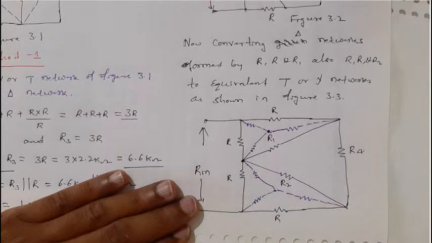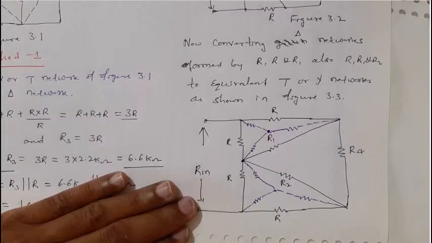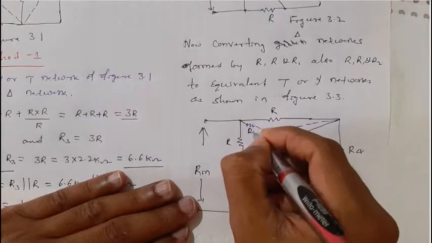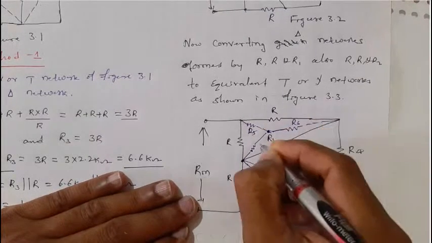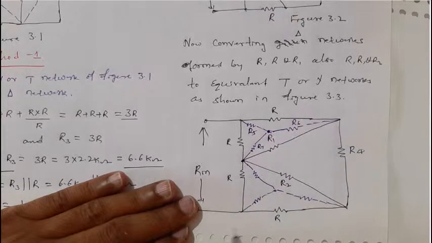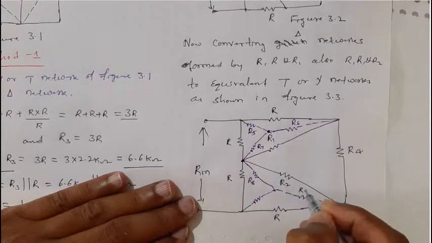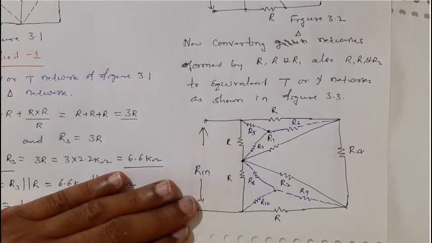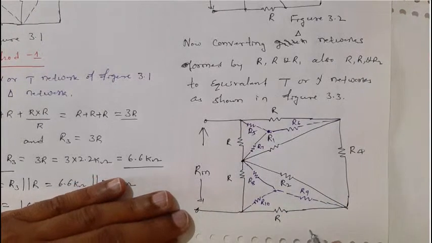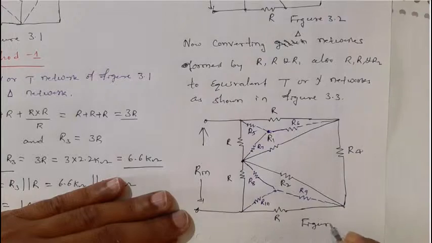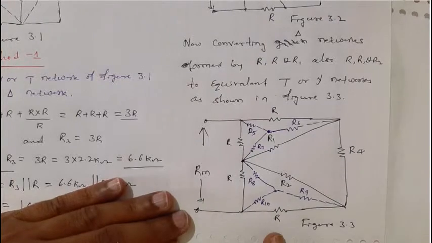So I'll name these resistors, like here R5, R6, R7, similarly R8, R9 and R10, and this figure I call it figure 3.3.